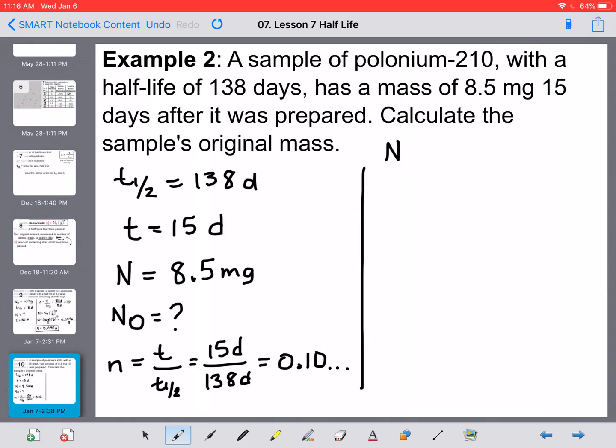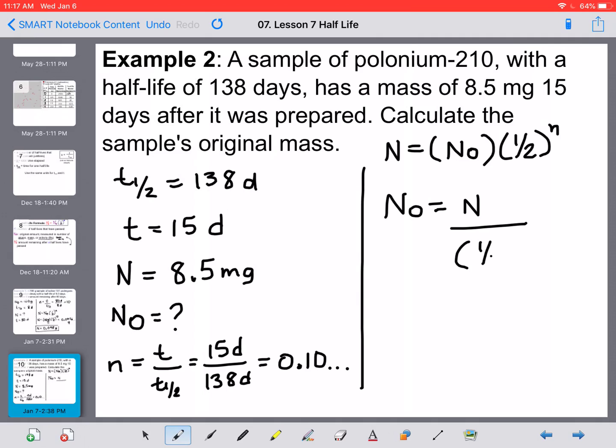Now we'll write down our half-life formula. So there it is. And we're going to rearrange for N0, for the original amount. So N0 is just going to be N divided by 1/2 to the power of little n.